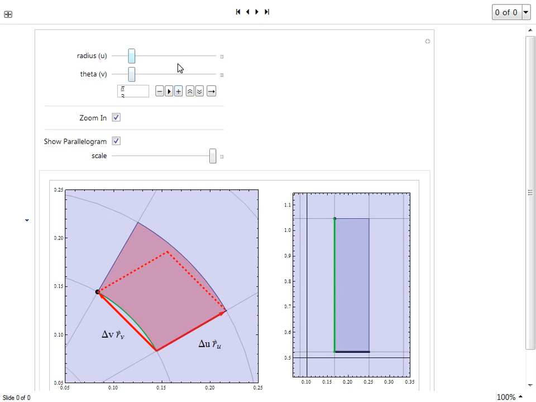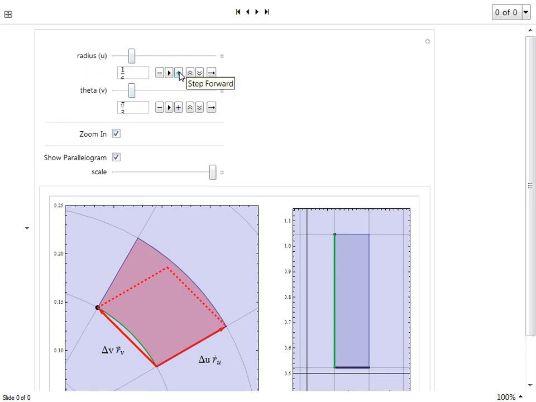If I change my radius, and let me bring the polar one back, my radius starts at this point, and if I change my radius and jump out that way, it goes across that black line.